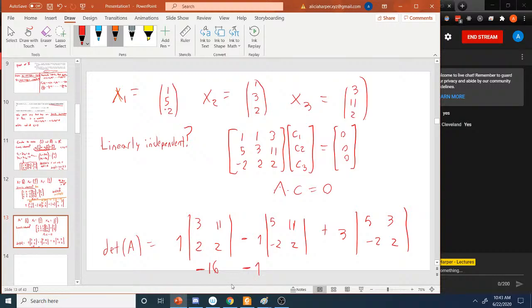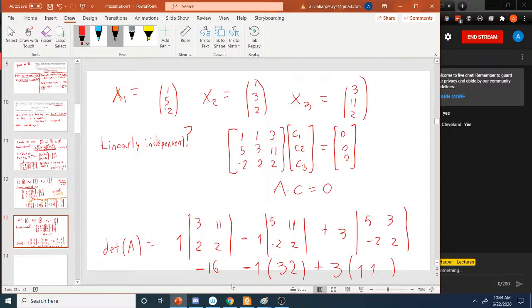Over here we're going to have minus 1 times 5 times 2, so that's 10, minus, or actually plus 22. So we're going to have 32 here. And then we're going to have plus 3 times, let's see what we get here, 5 times 2, which is 10, plus 2 times 3, because of the negative sign. So I get 11, so plus 3 times 11.